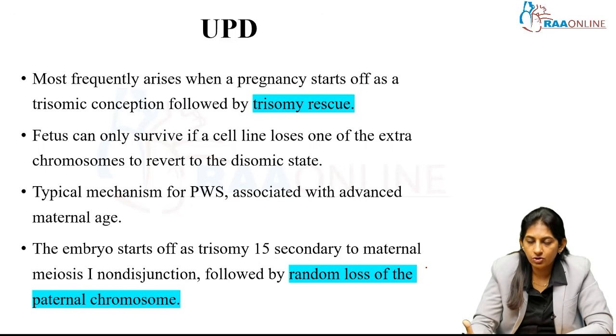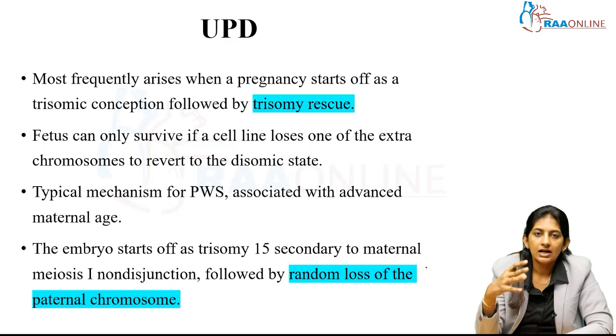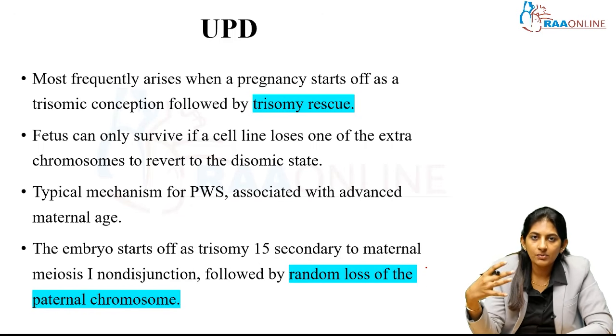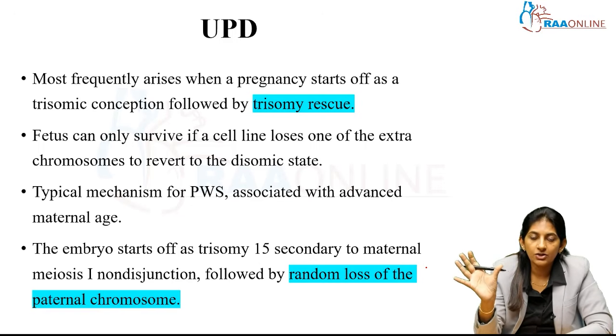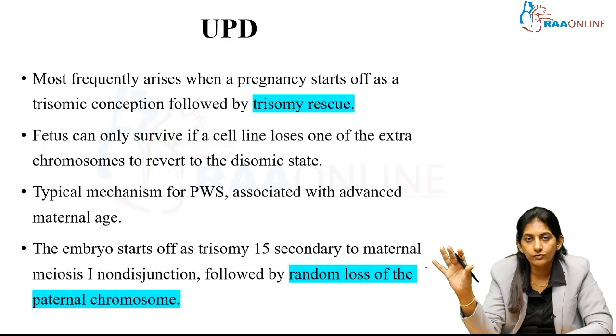So just a brief note of why UPD occurs: usually some cells arise as trisomic cells. As a rescue, as a prevention of continuation of trisomy, what happens is, if there are 3 copies of chromosome 15, say, so there is chromosome 15, 15, 15. So 3 copies are present. The body itself is trying to avoid one of the extra copies of chromosome 15.